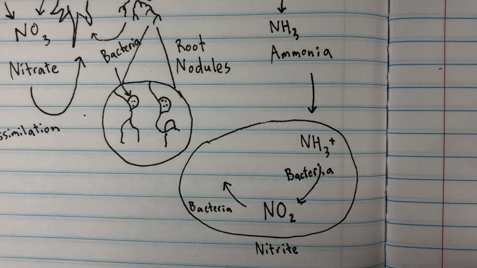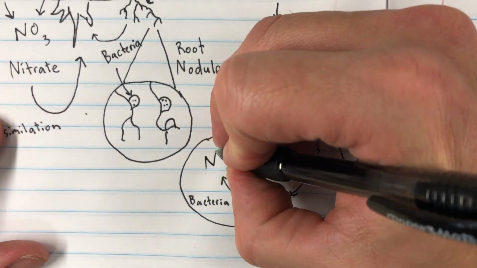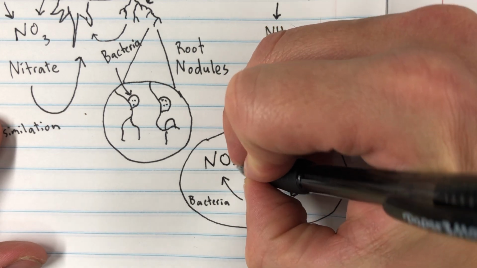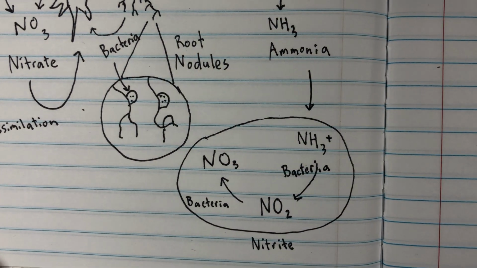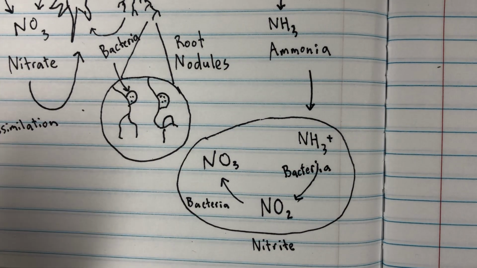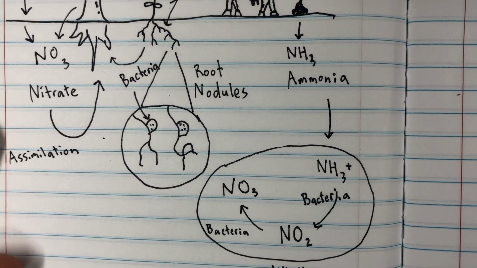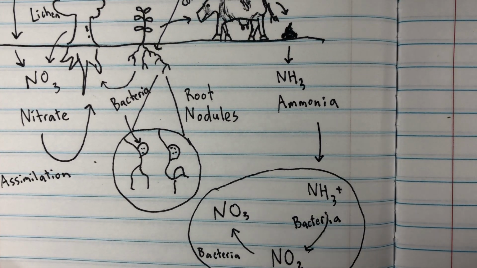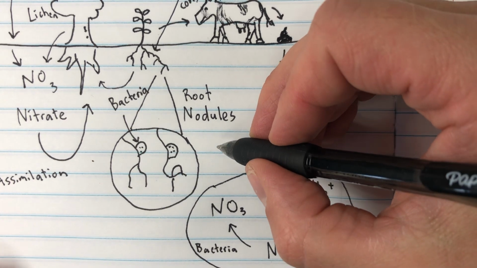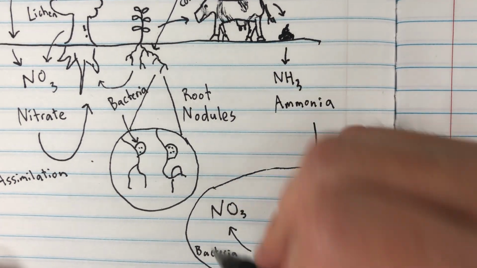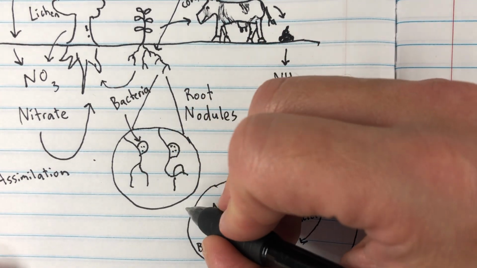And this is, again, like we said before, nitrate is a healthy form of nitrogen, okay? And that nitrate can be useful in assimilation.